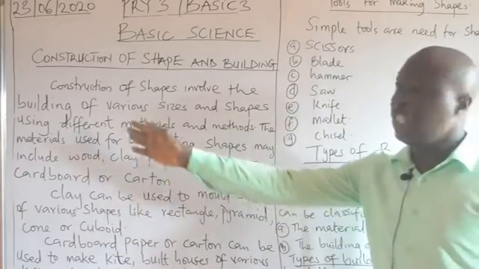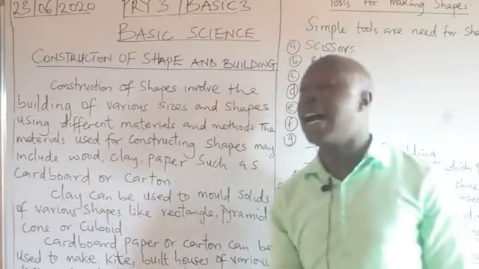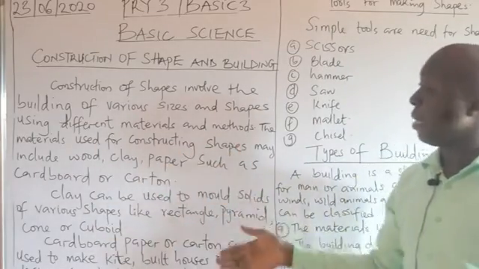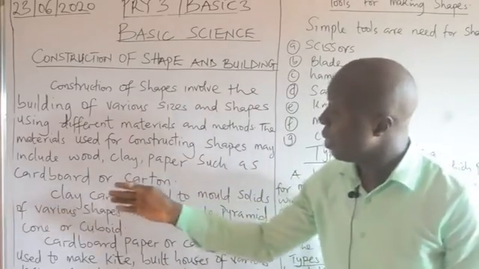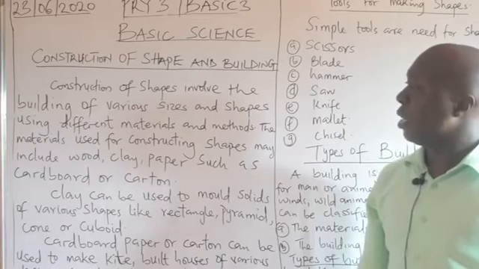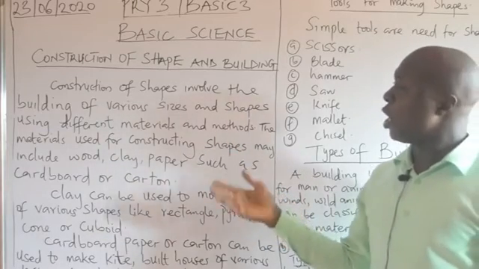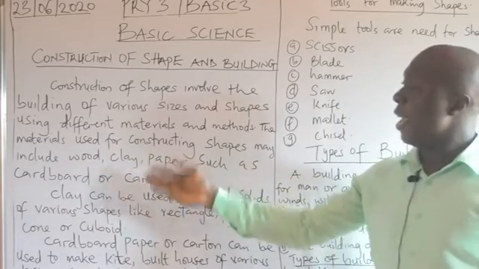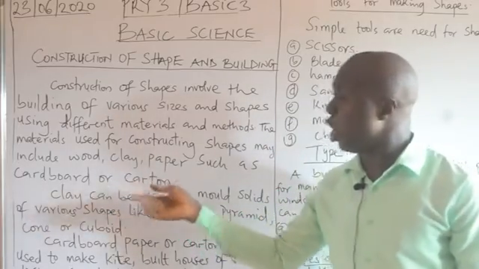The materials used for constructing shapes may include wood, clay, paper, such as cardboard or carton.